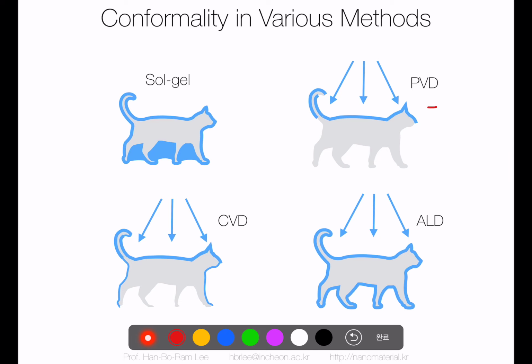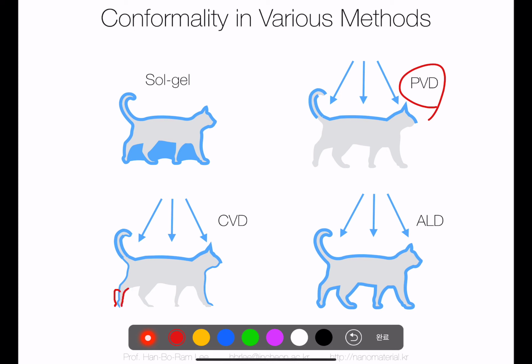If you have a PVD, for example sputtering, because all of the ions and radicals have very high directionality, we can coat only the top surface which is exposed to the target. For CVD, we can still have the gas phase reaction, but that strongly depends on the flow dynamics.